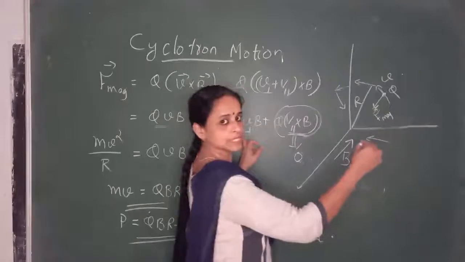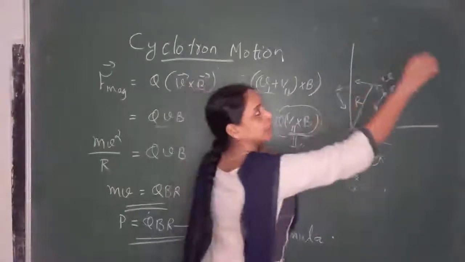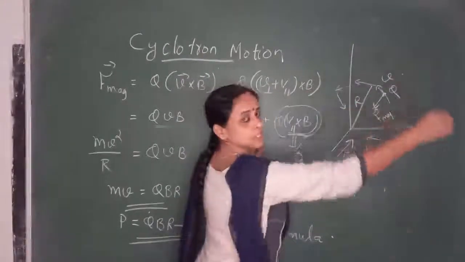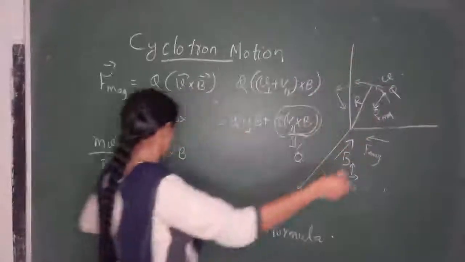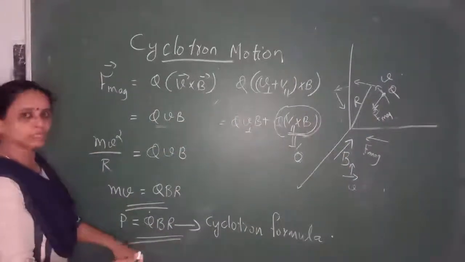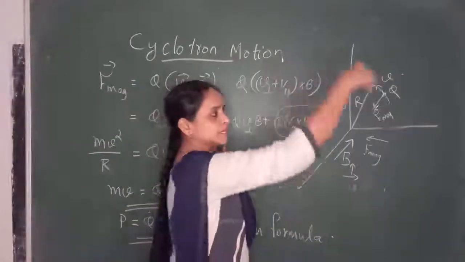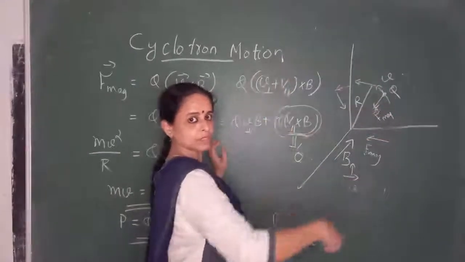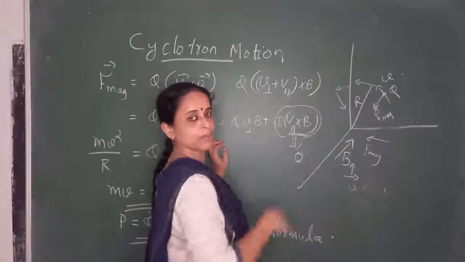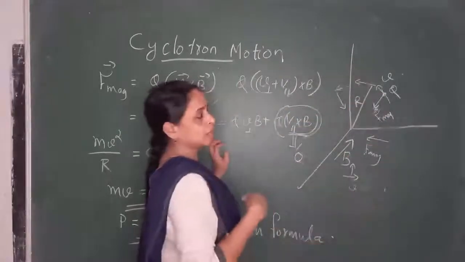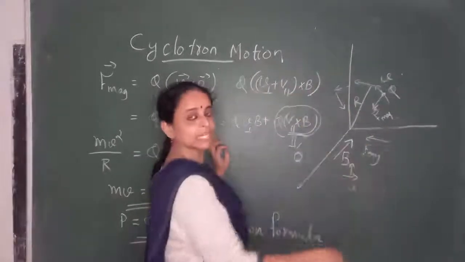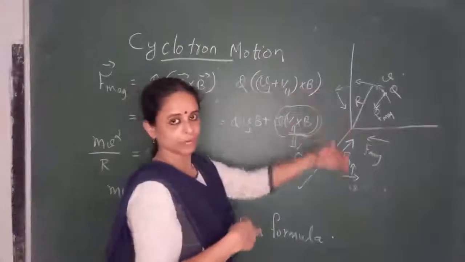Since there is a velocity v perpendicular, the particle will circulate in the radius given by p by qB, or in a momentum qBr. So the motion of the particle is circular due to the magnetic field and due to the perpendicular component of the velocity.